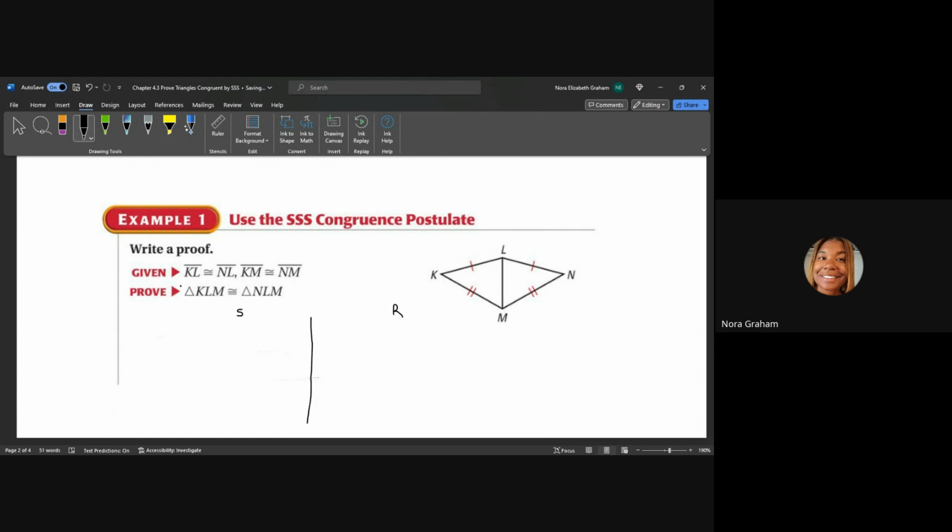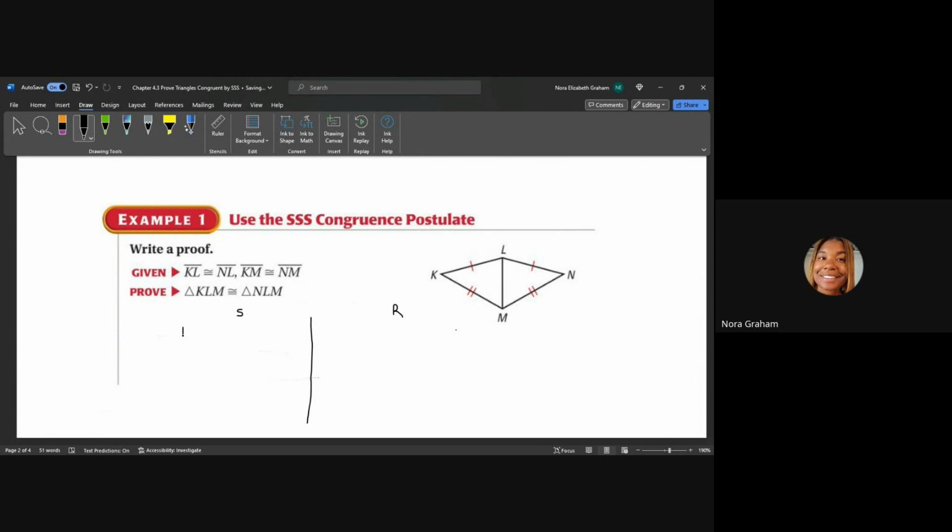It says given that KL is congruent to NL, and KM is congruent to NM, with all the markings already there. They want us to prove that triangle KLM is congruent to triangle NLM, and we have to use our SSS congruence postulate.